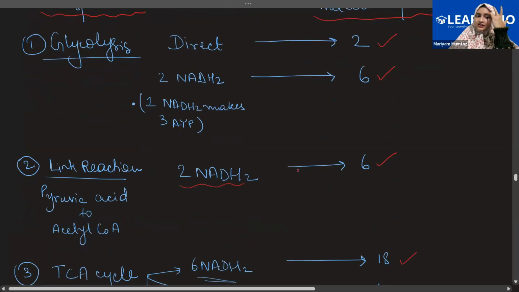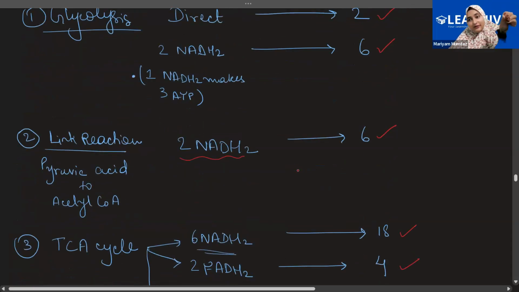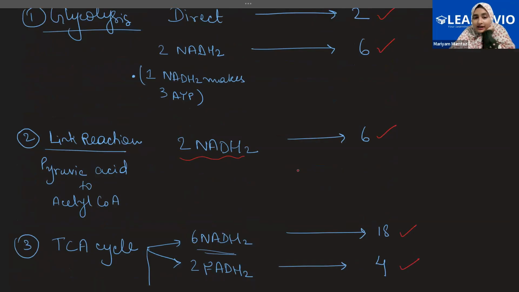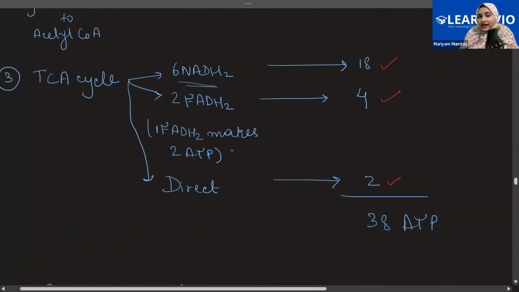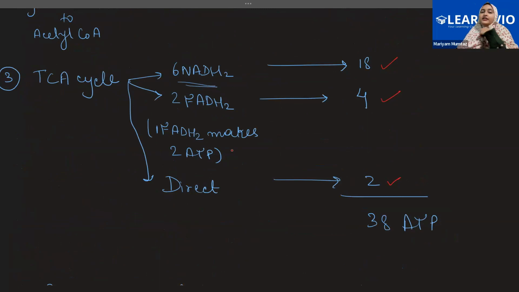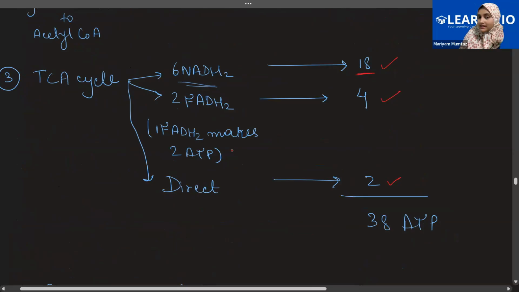Then in the link reaction, meaning when the pyruvic acid was converted into acetyl coenzyme A, we received 2 NADH, that means 6 molecules of ATP yet again. And in the TCA cycle, we had 6 molecules of NADH2 and 2 molecules of FADH2. So 18 molecules of ATP from 6 NADH, and 4 molecules because 1 FADH2 makes 2 ATP.